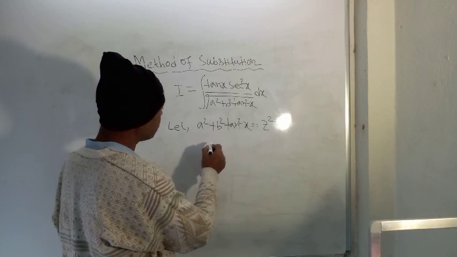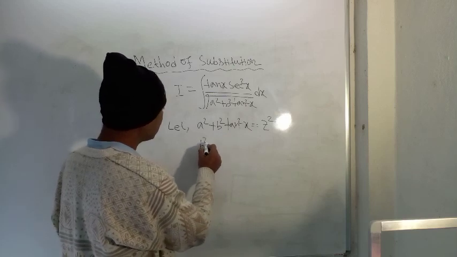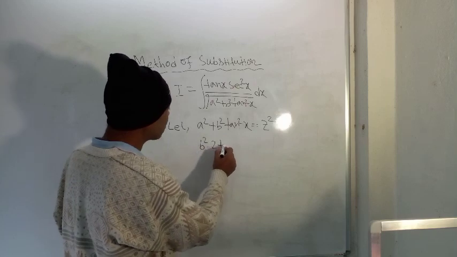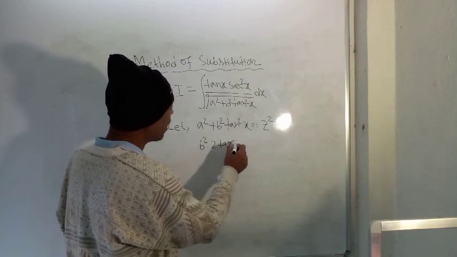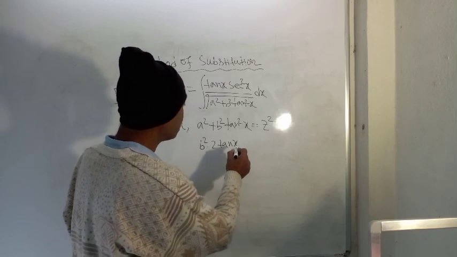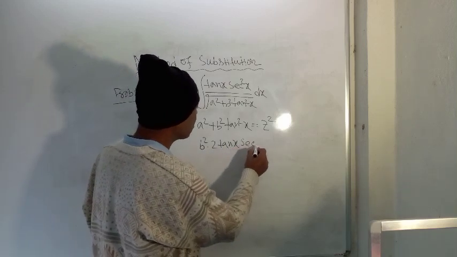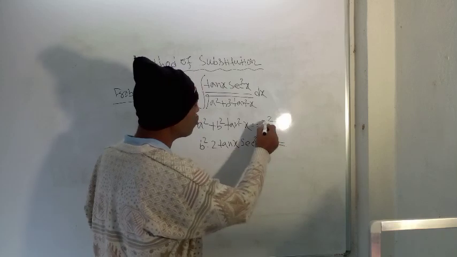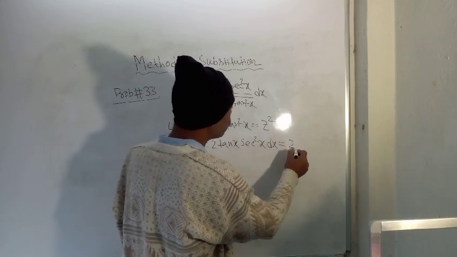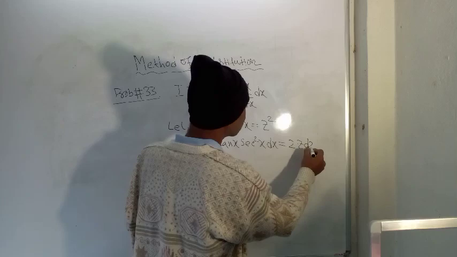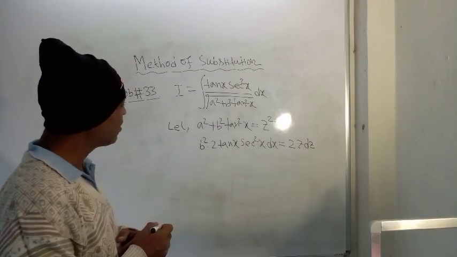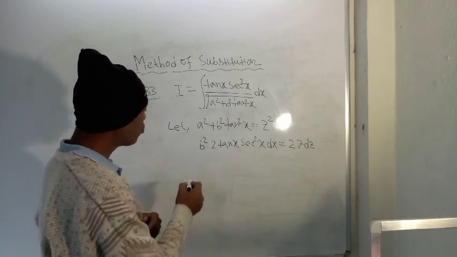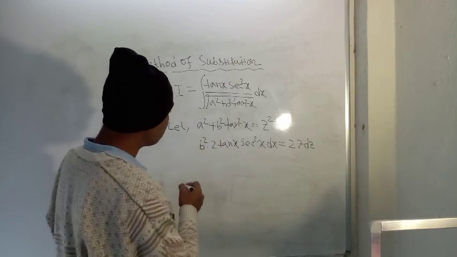For the second term, you will get b square, 2 tan x, and d/dx of tan x, that is sec square x dx. This is equal to 2z dz on the right hand side. You can see that 2 is present on both the sides, so both the 2's are cancelled.